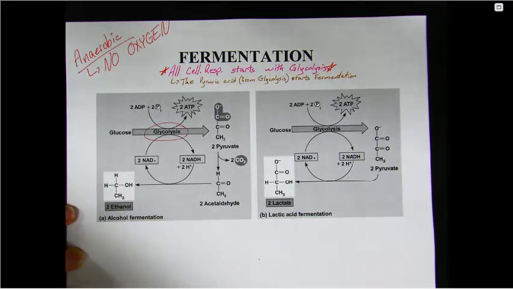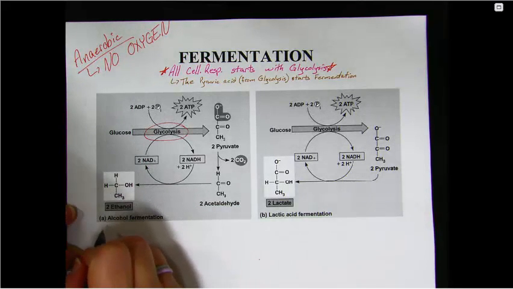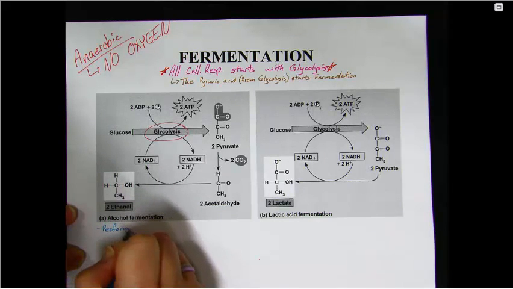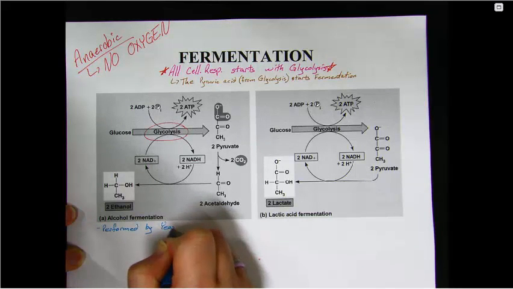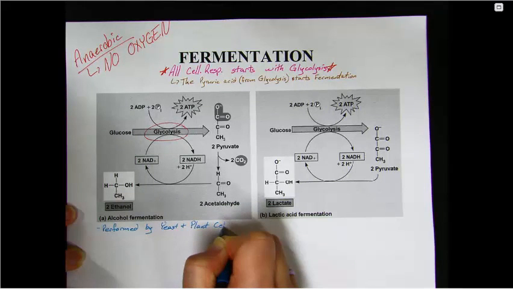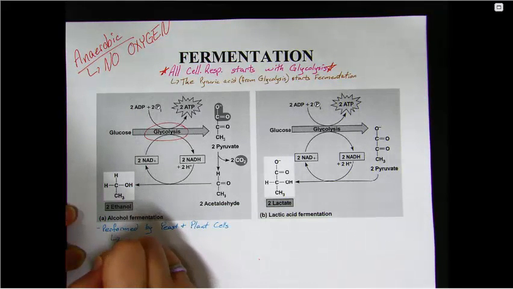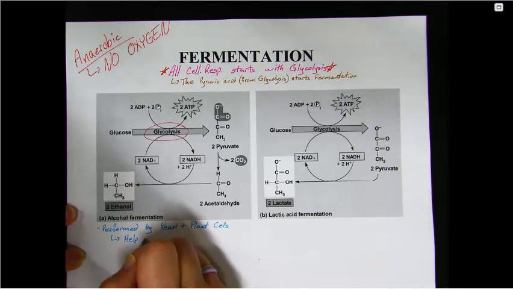Alcoholic fermentation is performed by yeast and plant cells, and this is in fact the process that helps to make bread rise.